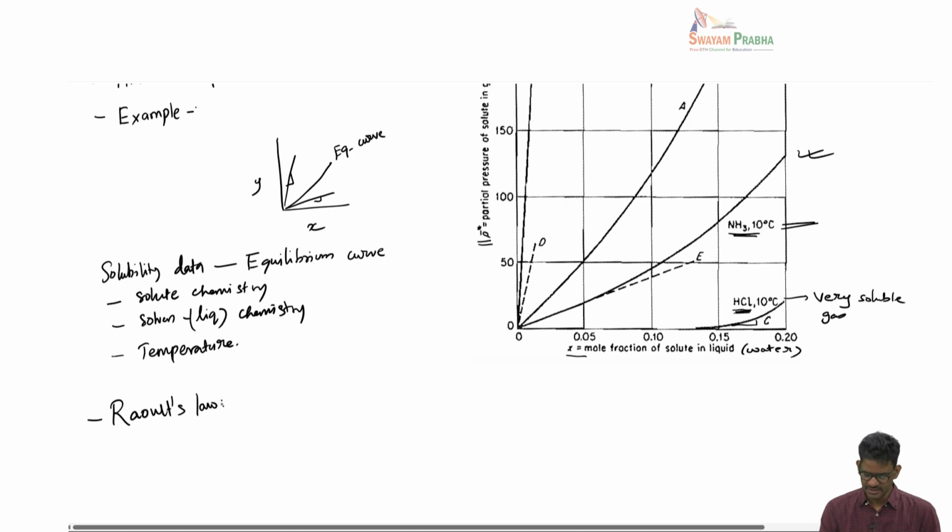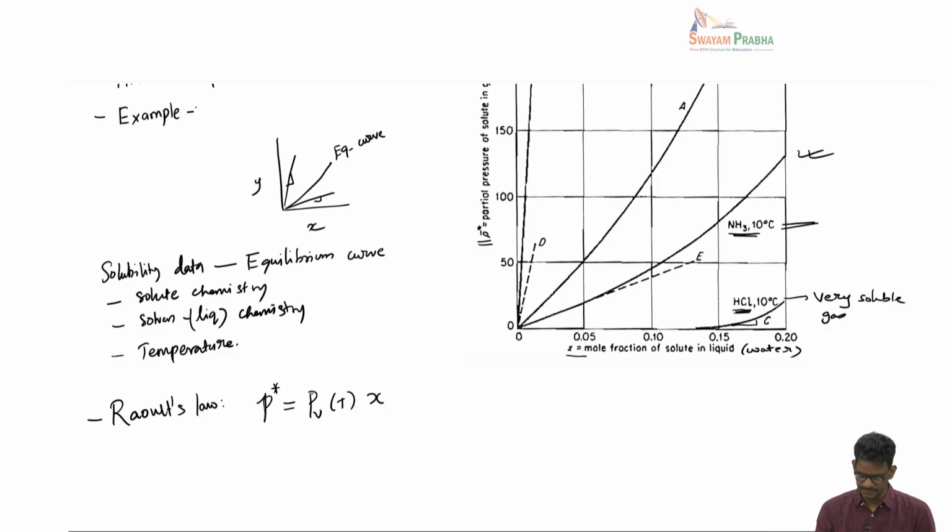Raoult's law is applicable for a gas-liquid equilibrium system, where we say the partial pressure of the solute in the gas phase is equal to the vapor pressure of the same solute at a given temperature T times the mole fraction of the solute in the liquid phase. Okay, this is Raoult's law.